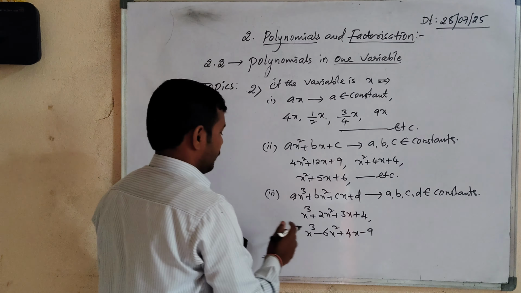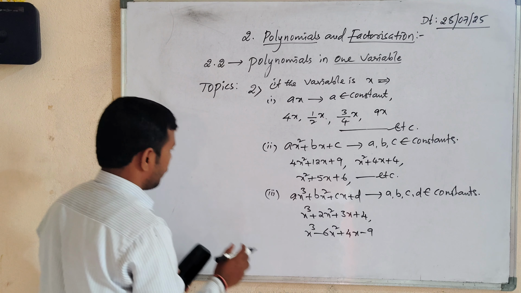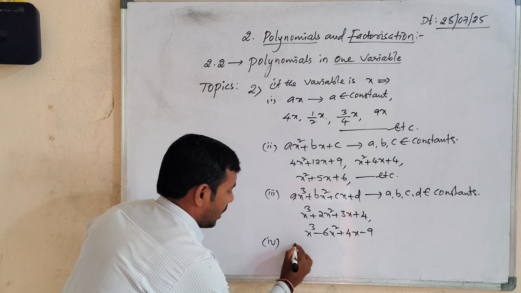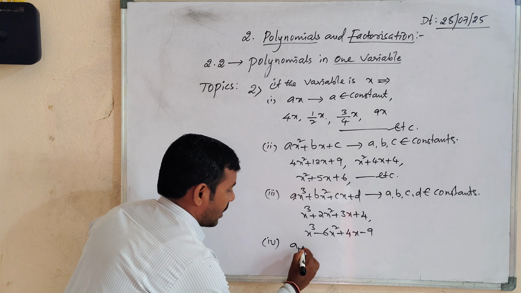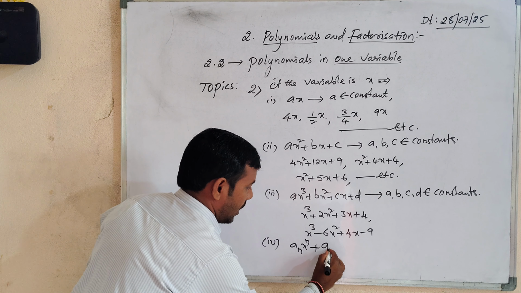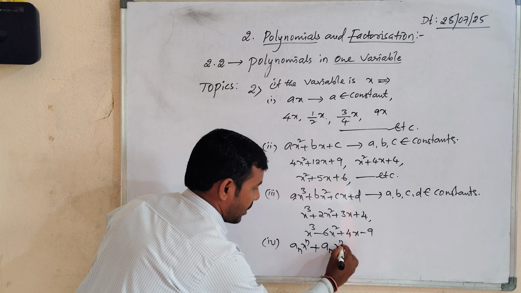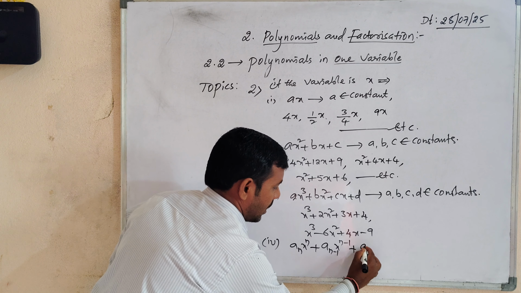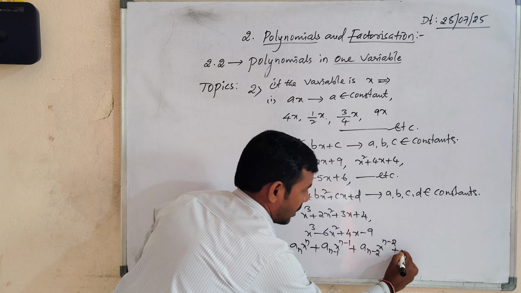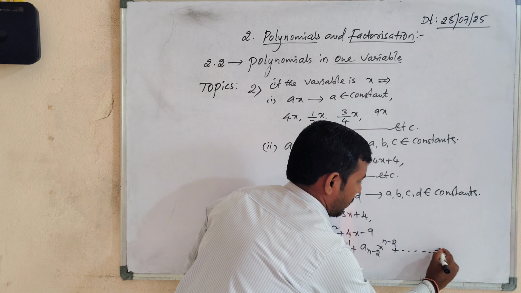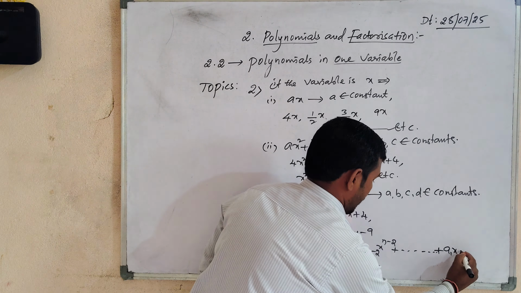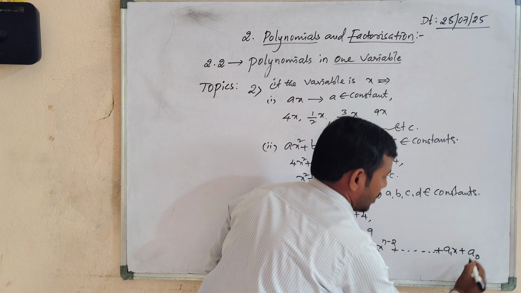Okay, next I want to discuss one more thing. What is that? a_n x to the power of n, observe carefully, plus a_(n-1) x to the power of n minus 1 plus a_(n-2) x to the power of n minus 2, and so on, plus a_1 x plus a_0.